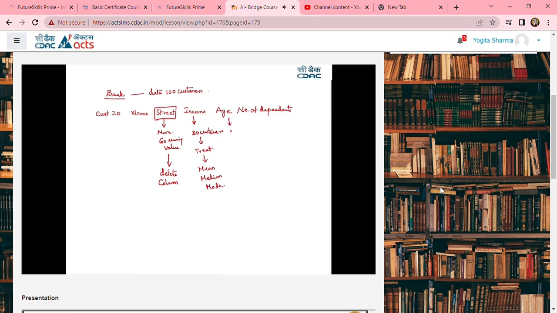And in the age column, correspondingly around 35 customers have given us missing values. We did not capture them. Hence this variable also needs to be treated. So here also we need to decide whether we are going to use mean, median, or mode. Under the number of dependents also, I do have around 40 missing values. So hence it has to be decided whether these missing values are to be treated or not. Now coming to this particular column of income.